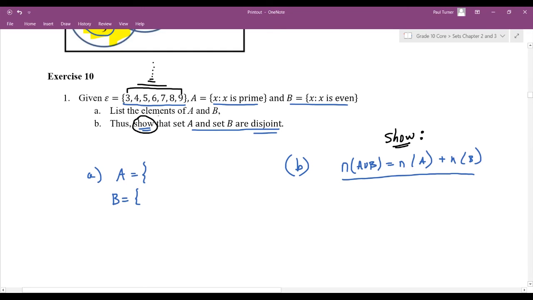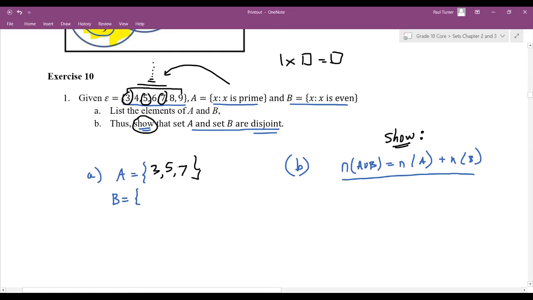So set A, the prime numbers. Which are the prime numbers from your universe? 3, 5, 7, right? These are your prime numbers. Remember, a prime number can only be written as a product of one and itself, like 5, 7, 11, 13.